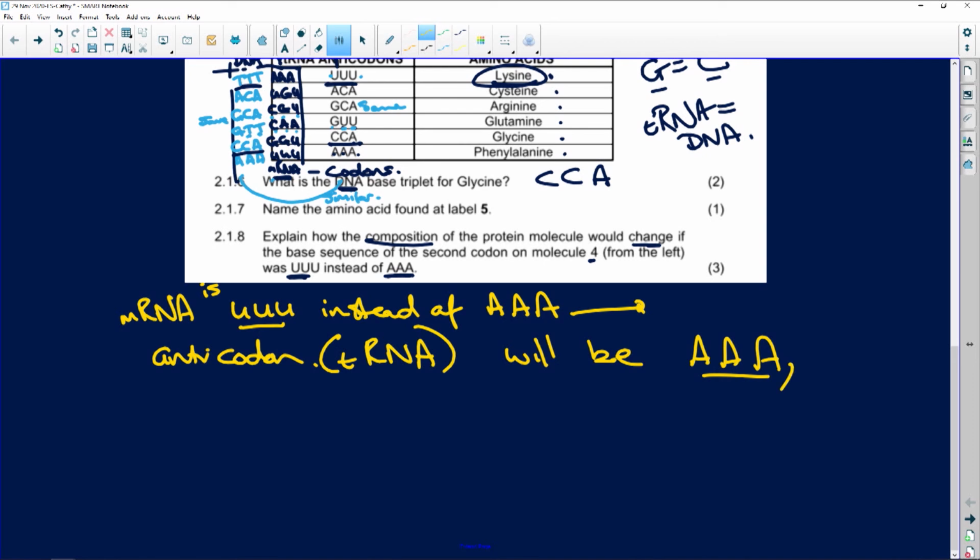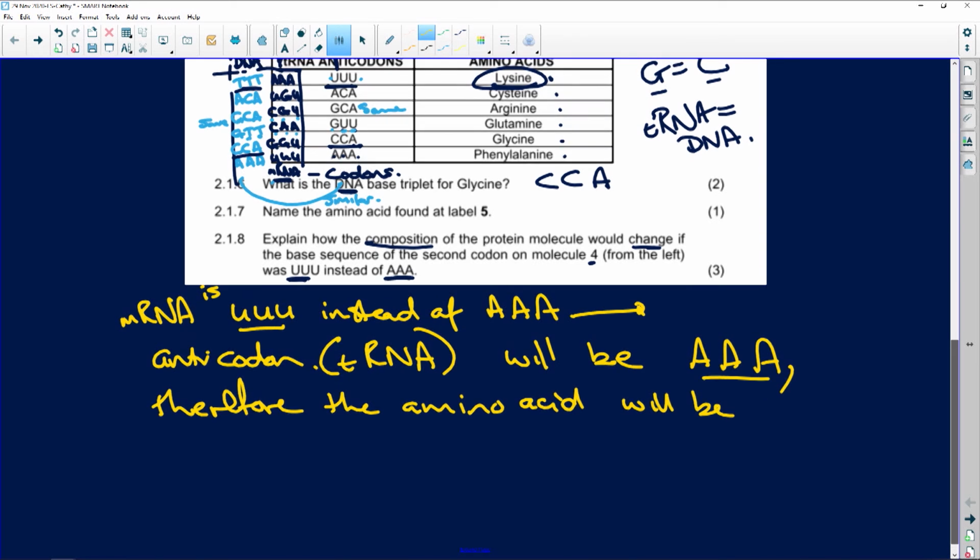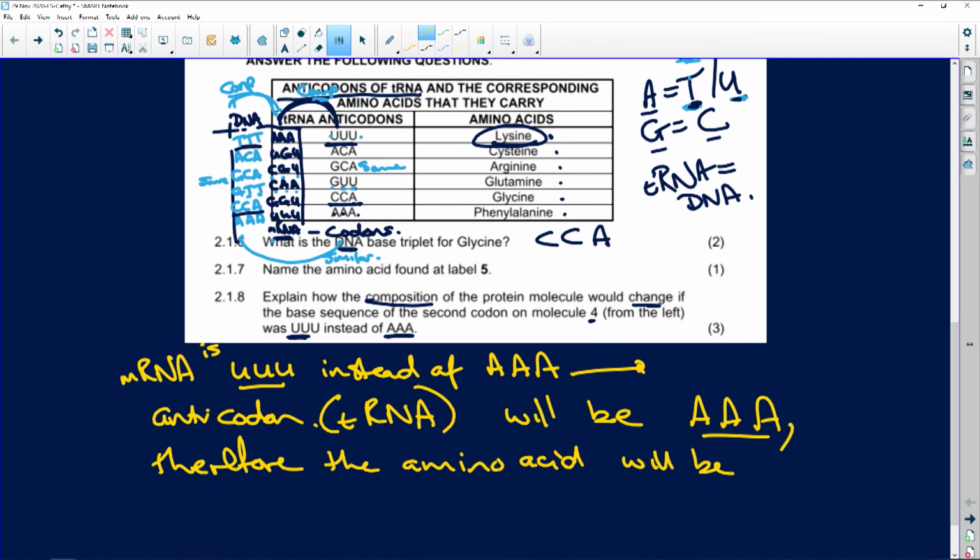What's the next thing? Therefore, the amino acid will be, and all you do is you look at your table. So remember, it was supposed to be lysine, UUU or TTT. So you wanted lysine, but now you're not getting lysine. You're getting AAA. And what is AAA? AAA is phenylalanine, and it's a different amino acid. It's not lysine, it's phenylalanine.